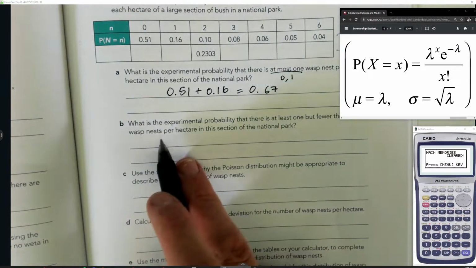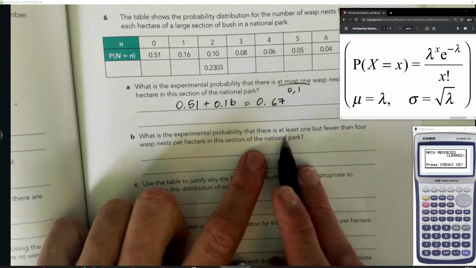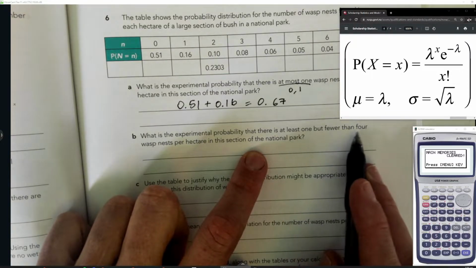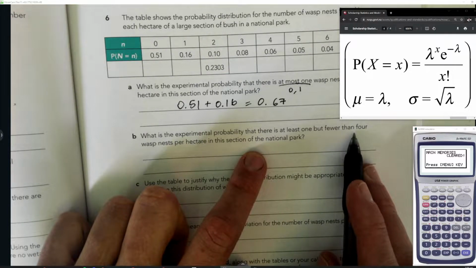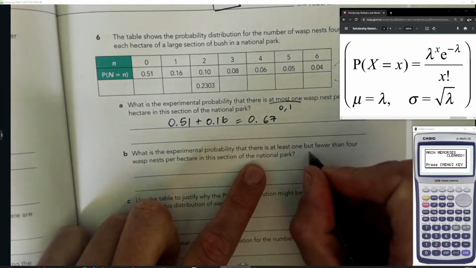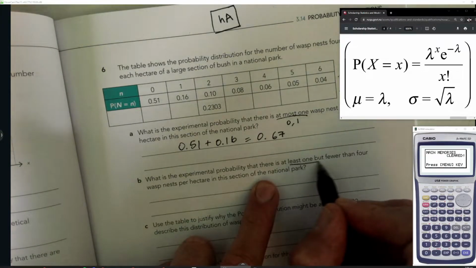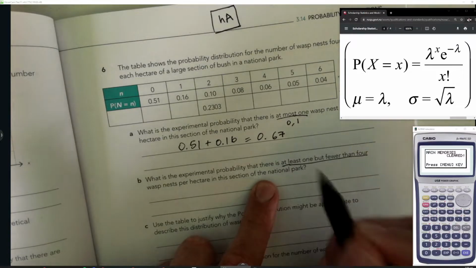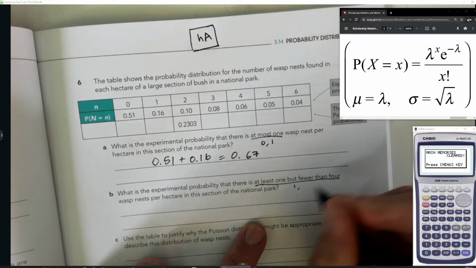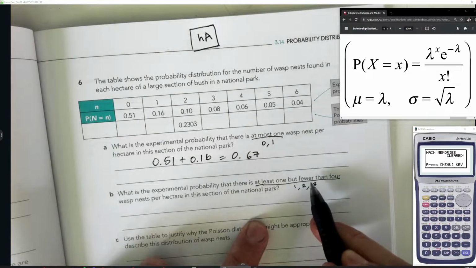What is the experimental probability that there is at least one, but fewer than 4 wasp nests per hectare in the section of the national park? So at least one, the easiest way is generally just to write a list of the numbers. So 1 is counted, 2 is counted, 3 is counted, but fewer than 4.